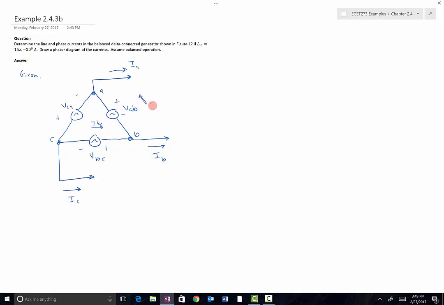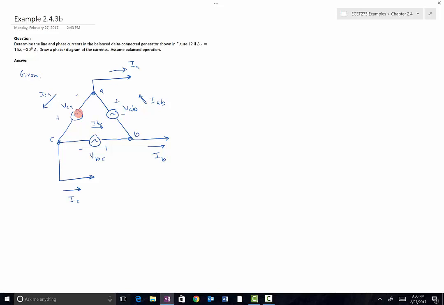The current flowing in that direction is IAB, and the current flowing in that direction is ICA. So in summary, for this delta generator, there are only three voltages, but there are six currents, three line currents and three phase currents.